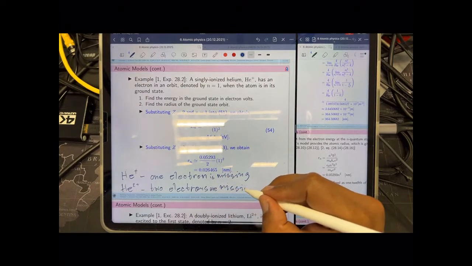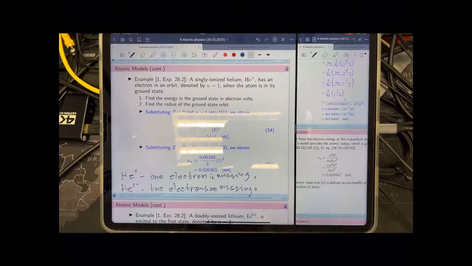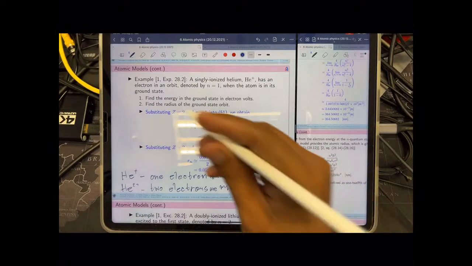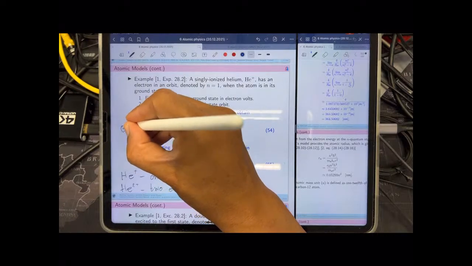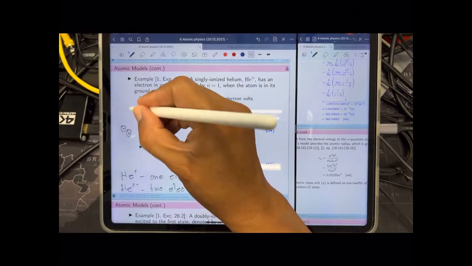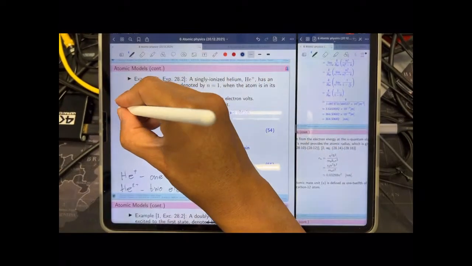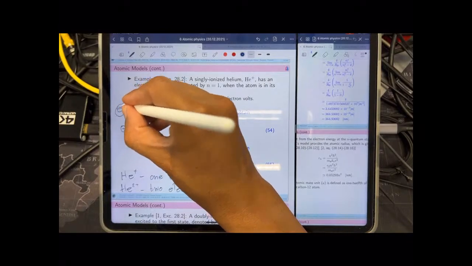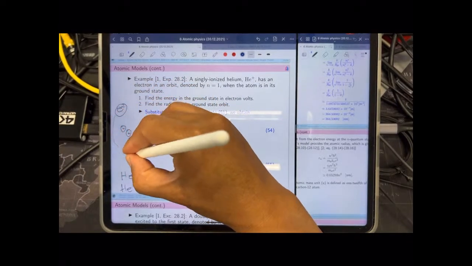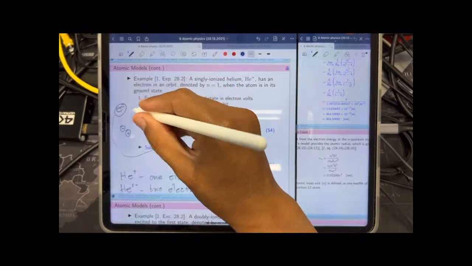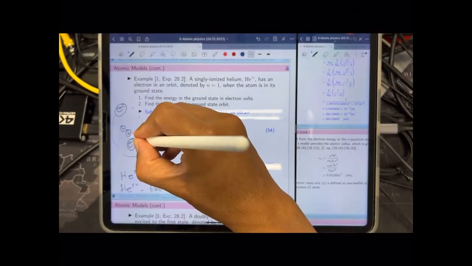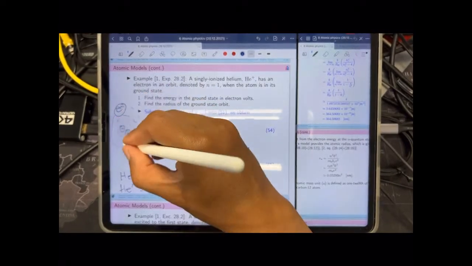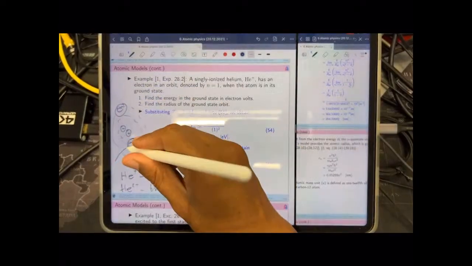So it means this is the proton of the helium, and you have an electron moving around the nucleus of helium, and you have another electron also moving around the nucleus of the helium.